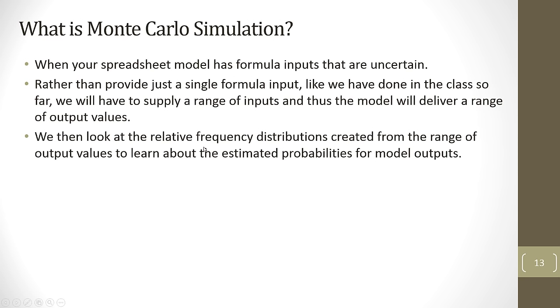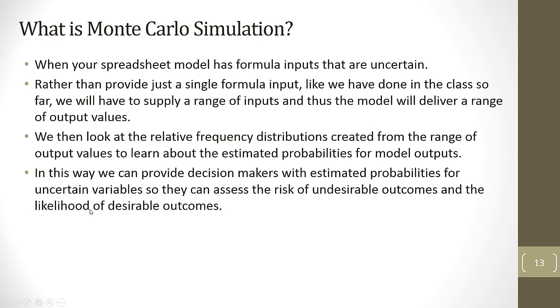We then look at the relative frequency distribution created from the range of output values to learn about the estimated probabilities for model outputs. In this way, we can provide decision makers with estimated probabilities for uncertain variables so they can assess the risk of undesirable outcomes and the likelihood of desirable outcomes.